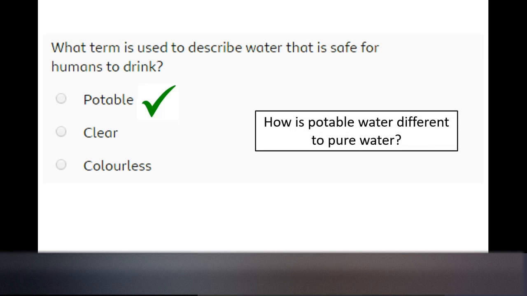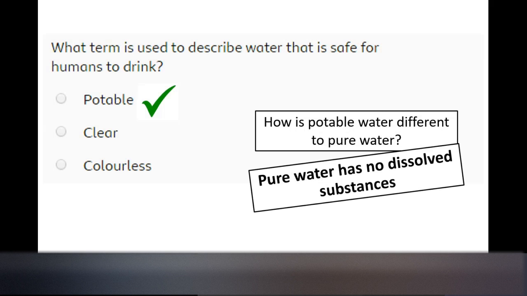Okay, so pure water has no dissolved substances. Pure water is literally just H2O, nothing else inside of it. However, potable water is water, but it still has low levels of salts, mainly salts such as sodium chloride, for example.